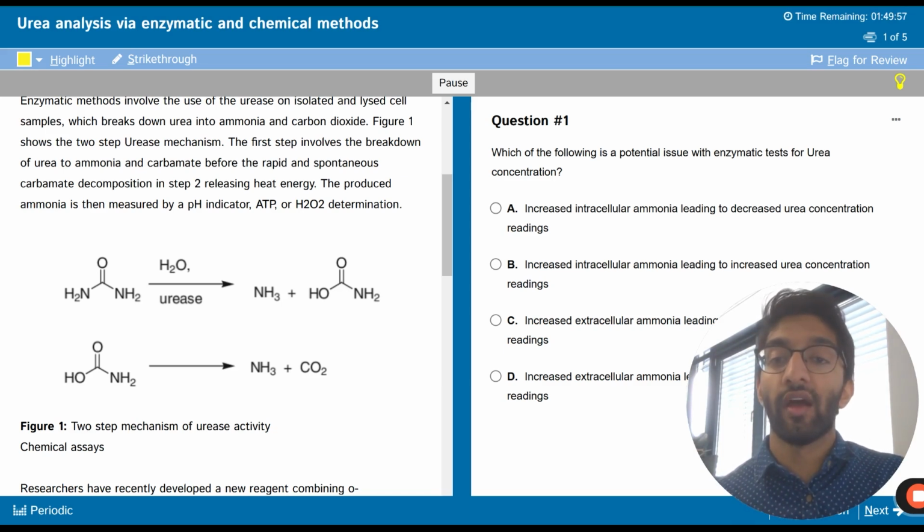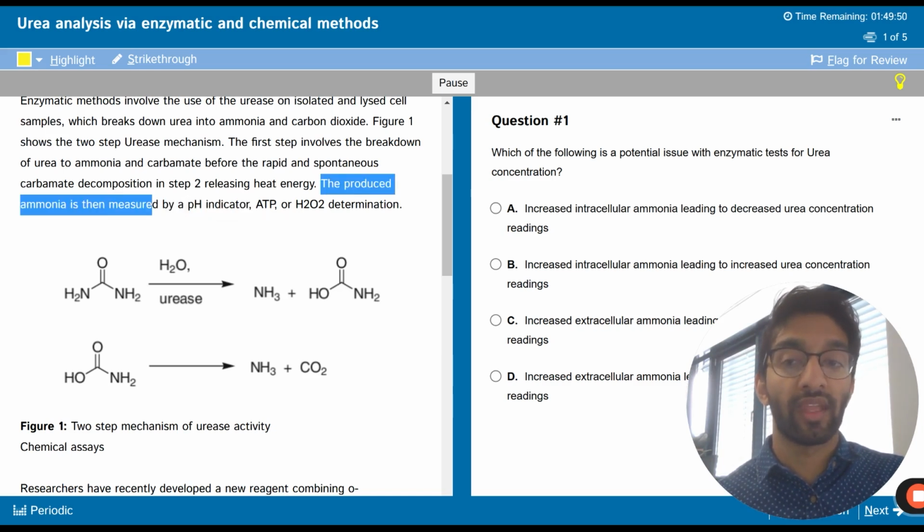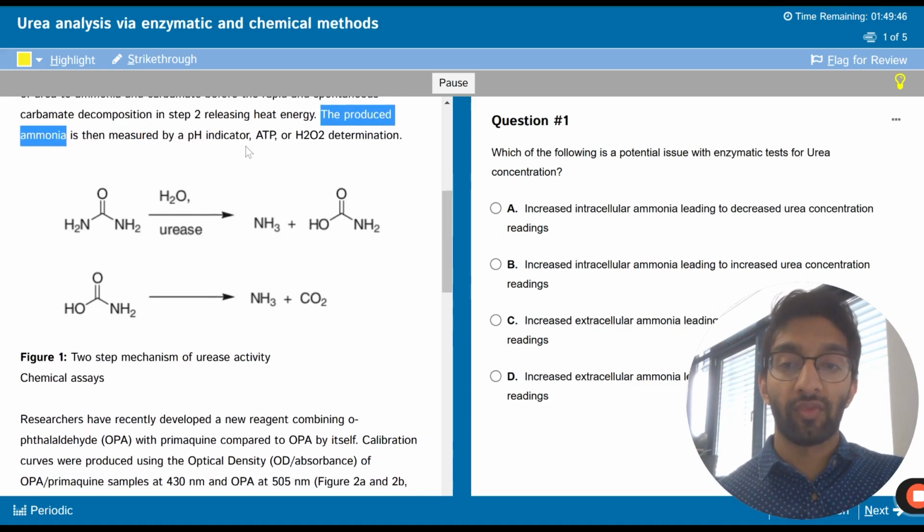And in the end, you can then measure the produced ammonia through a pH indicator, ATP, or H2O2. But the more important thing is that you're measuring the ammonia, right? So basically, in this reaction, right, now we can go to figure 1. In this two-step reaction, the end product is basically ammonia.